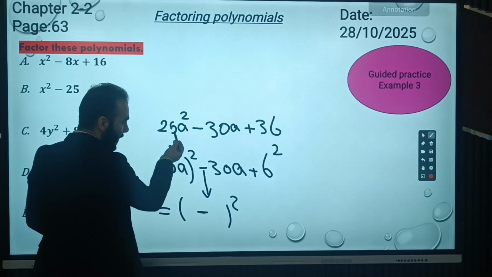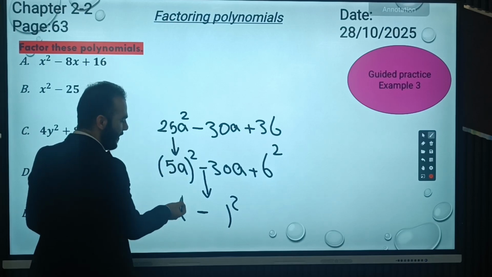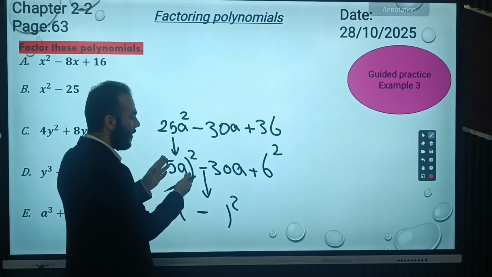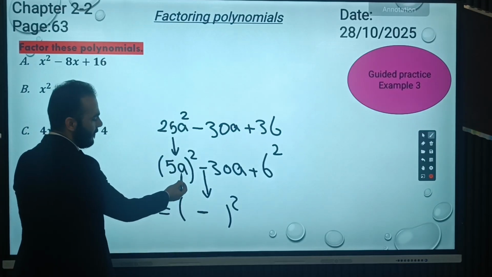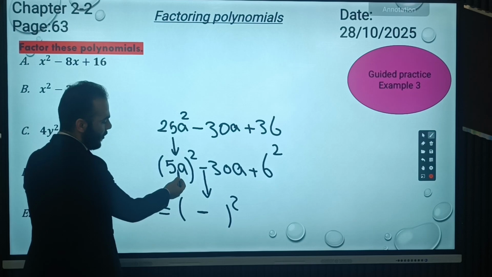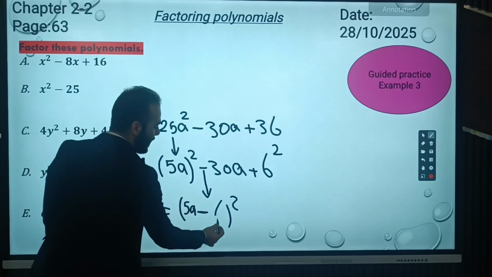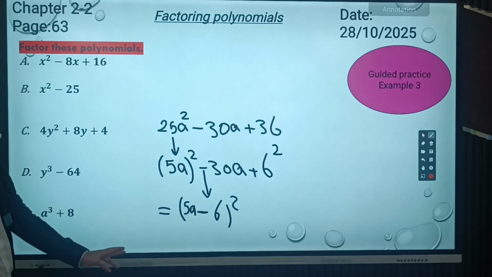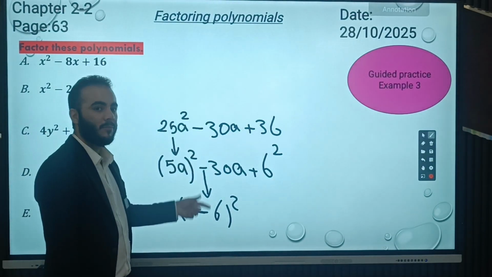So here, the purpose of turning 25a squared this way is finding out the first term and the second term inside this bracket. So right now we can definitely see that the first term is 5a and the second term is 6. This is what I mean by rearranging this one into the perfect square form.